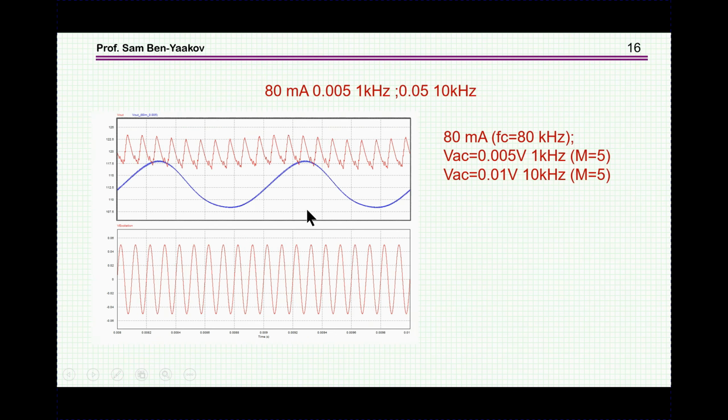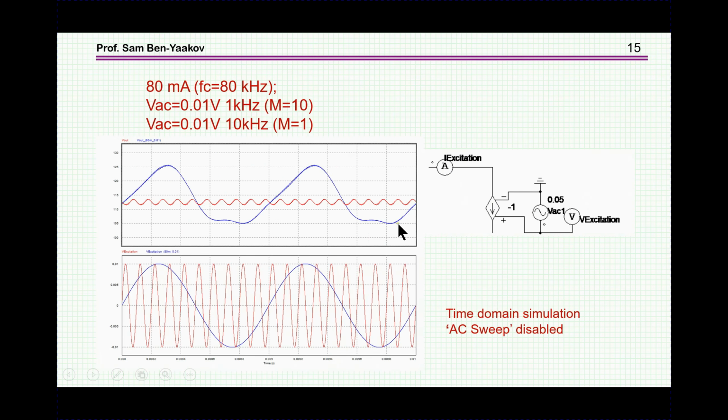And here we have another case in which the excitation is 0.005, so it comes to be, in the case of 1 kilohertz, 5, and also in this case 5. There are two excitations here, and as we can see, this is almost a sinusoidal waveform.